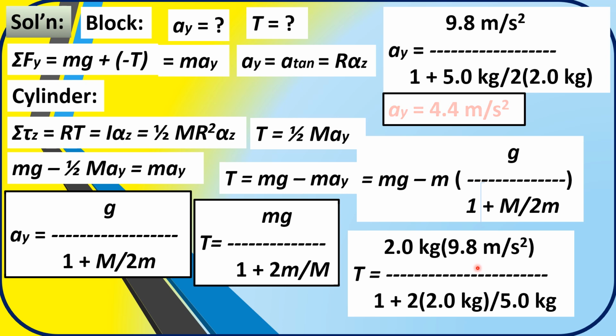Again, doing our math, we arrive at the value for the tension capital T, which is 6.0 newtons to two significant digits. So these are our answers to this question.